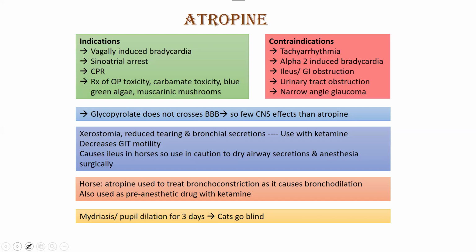So if you have a surgery with a cat and you have used atropine, and after that the cat wakes up and stumbles on things, it means that the cat is not having good vision, and that is because of this atropine. If the cat is undergoing multiple surgeries and she's having multiple injections of atropine, she may go permanently blind. So you have to be careful on this point too while using atropine.